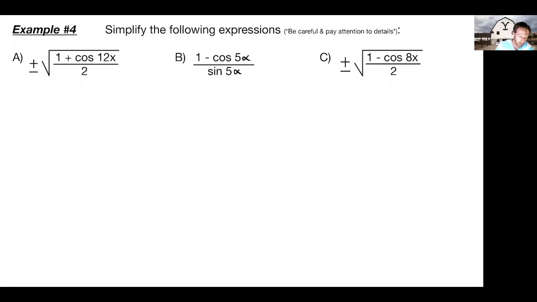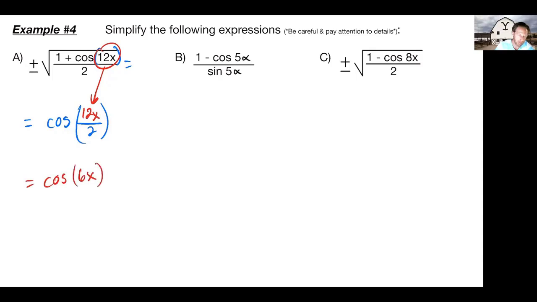And hopefully you said this is equivalent to cosine. You just got to recognize what half of what angle you're going to be taking. And the angle that they gave us was 12x. So that's what you should then be putting in here, and then actually taking half of it. So we get cosine of, that becomes 6x.